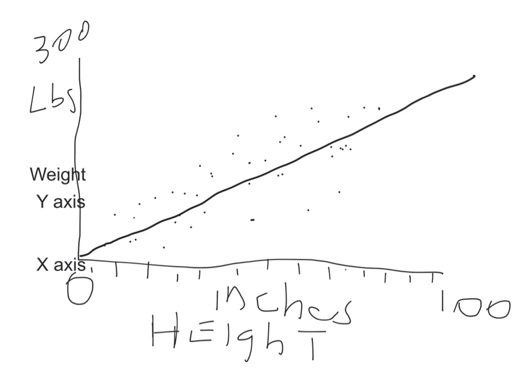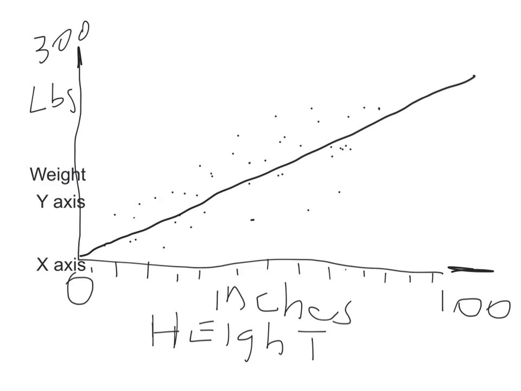So here we are, I just talked about, on the horizontal, this right here, that's the x-axis. On the vertical, that's the y-axis. On the bottom we have height in inches, and on the y-axis we have weight in pounds.